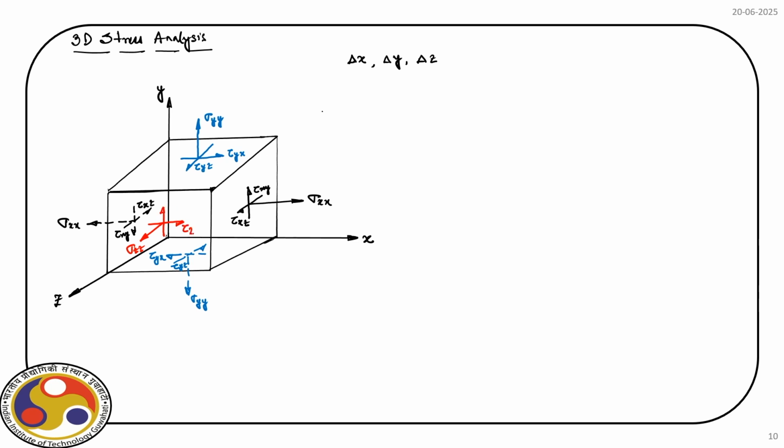So, this is tau zx and then tau zy, and on this face we will have sigma zz and this one is tau zy and the last one tau zx. So, that is the stress field.